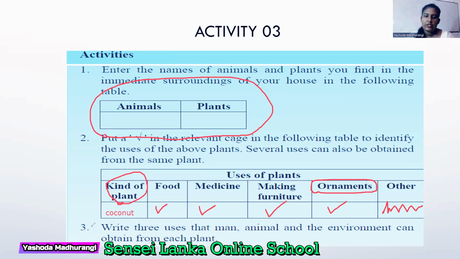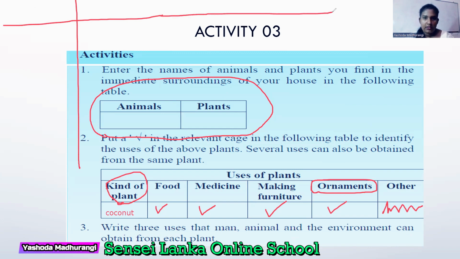Then look at question number 3. Write 3 uses that man, animal and environment can obtain from each plant. So dear children, for that also, you have to draw a table of 4 columns, like this.